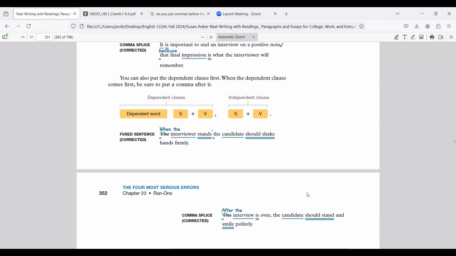Right? So that's not, it doesn't work. If the interviewer stands, the candidate should shake hands firmly. It doesn't make sense. So basically, we just had to add the dependent word so the relationship between these two clauses would work.